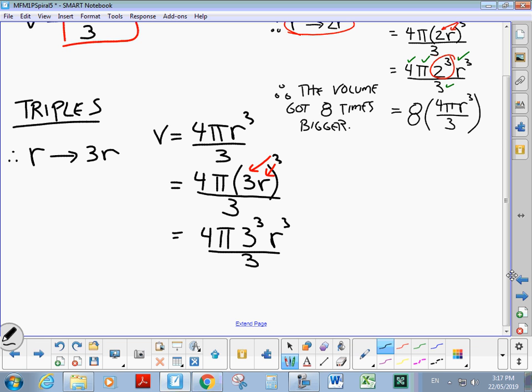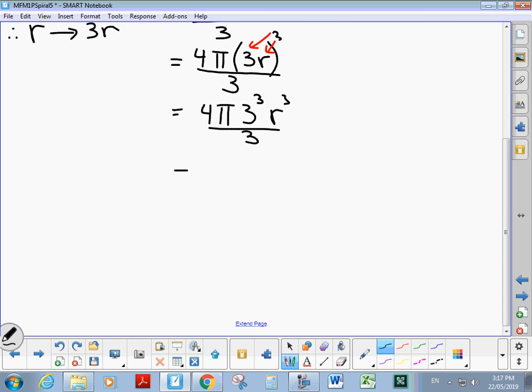I'm going to do what I did last time. I'm going to pull out the 4 pi r cubed, the original formula, 4 pi r cubed over 3. So I'm taking out the original stuff, the 4, the pi, r cubed, and 3. What's left over is the 3 cubed, and 3 times 3 is 9, times 3 is 27.